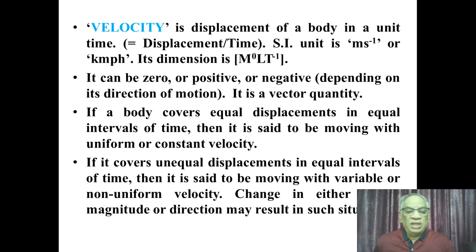If it covers unequal displacements in equal intervals of time, then it is said to be moving with variable or non-uniform velocity. So, like speed, here also we have uniform or constant velocity and variable or non-uniform velocity. Change in either of the magnitude or direction may result in such situation. Because velocity is a vector term, even if the magnitude changes or the direction changes, we say the velocity is changing. Hence the variable velocity term has come.